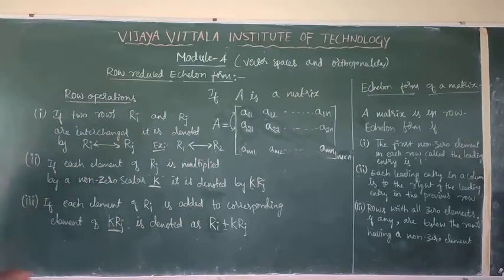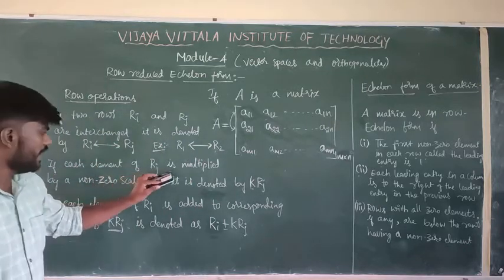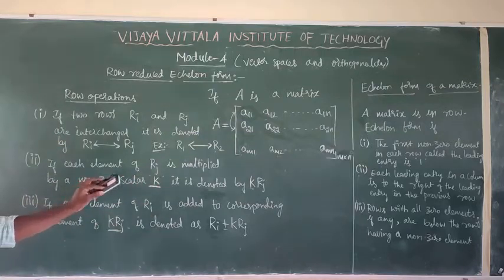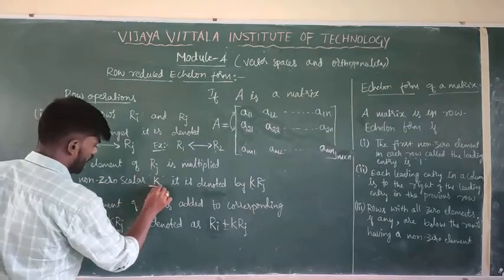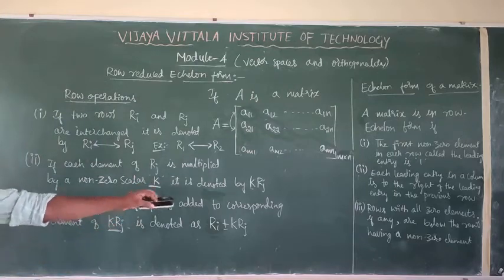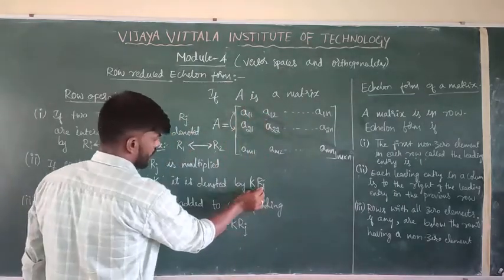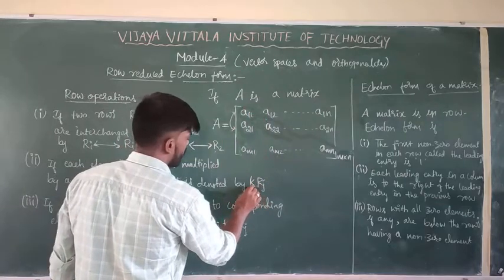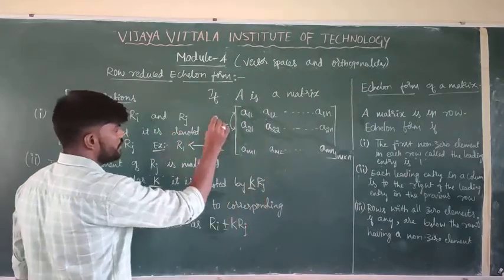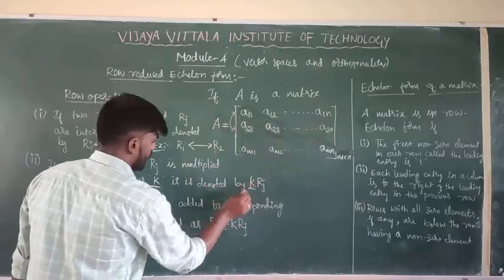Second, if each element of Rj is multiplied by a non-zero scalar k, it is denoted by k into Rj. If we multiply this row with the non-zero element k, then each element is multiplied by k.